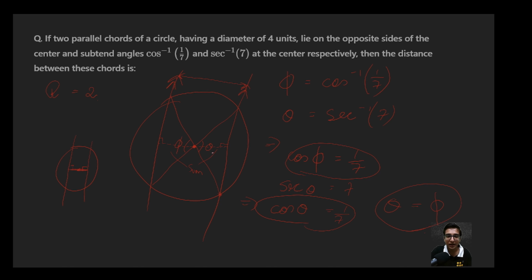So of course it becomes easier for us now. Now we can just find out the length of one of the perpendiculars, and we can simply multiply it by 2 to get the complete distance between the chords. Let us do that here.